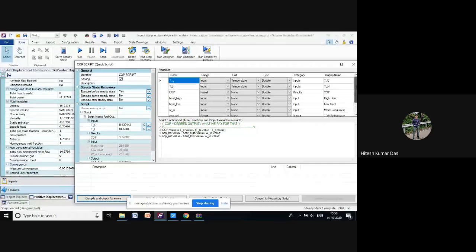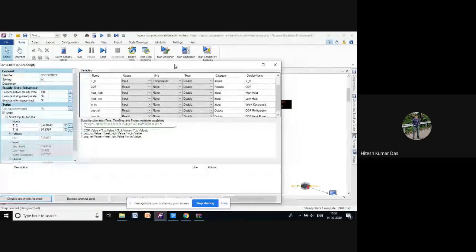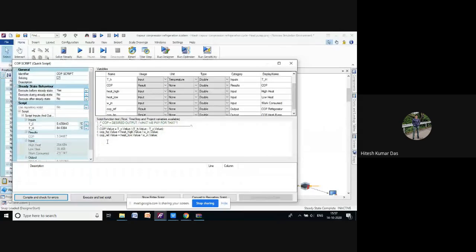Then the same thing, COP, we are going to calculate here. For the COP of refrigeration, we are calculating by dividing this evaporator heat transfer value by the compressor work input.